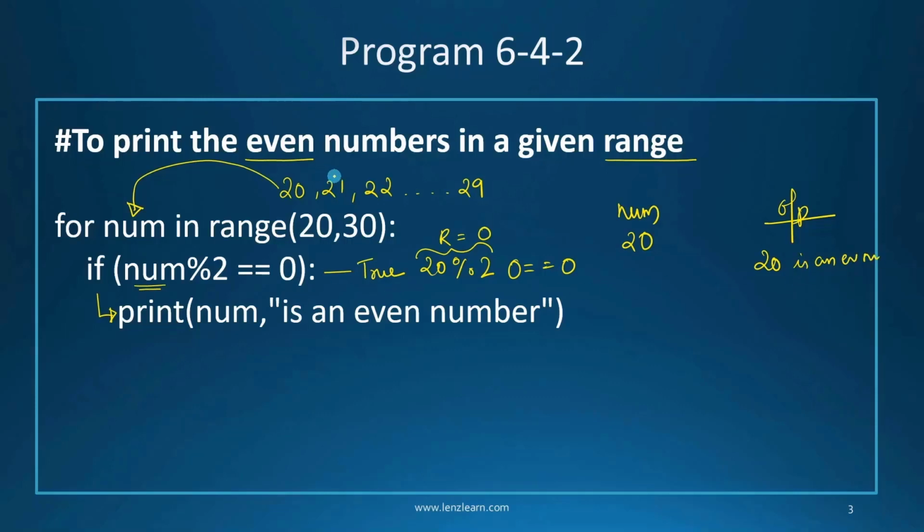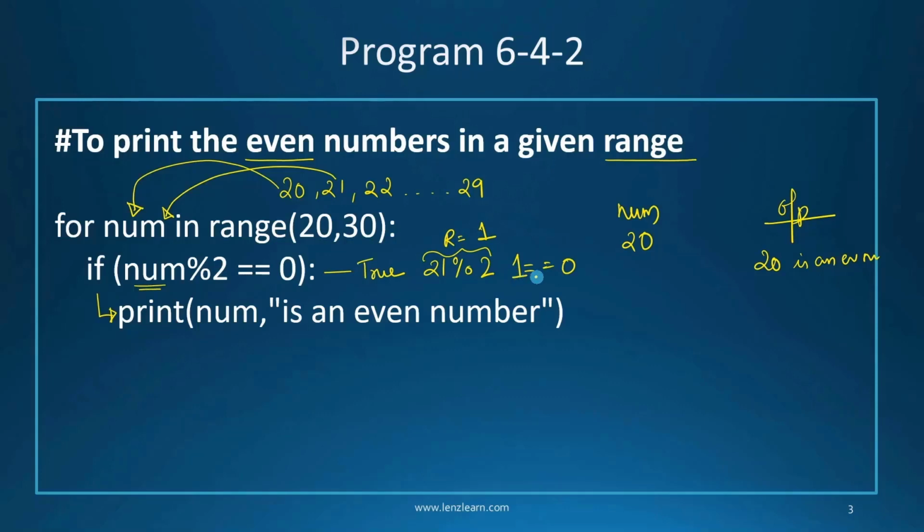Okay. Now next, the second value from the range will be loaded into the control variable num. Now I will check 21 modulo 2 is equal to 0. So when this part is getting evaluated, you can see 21 is an odd number. So when you divide by 2, the remainder will be created with value 1.